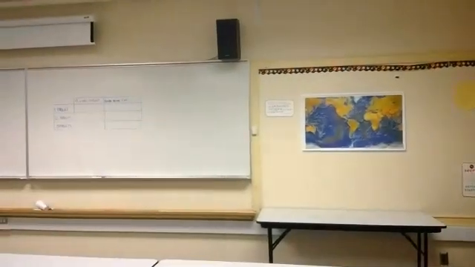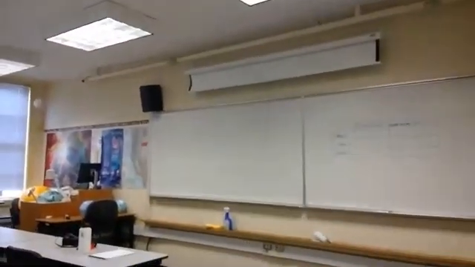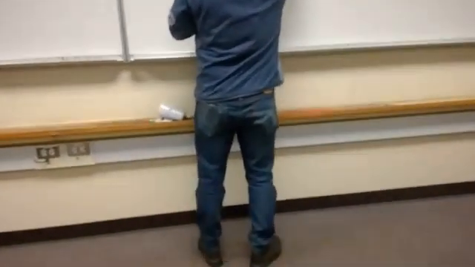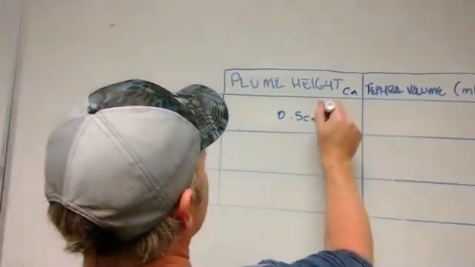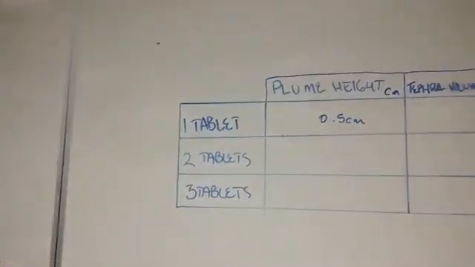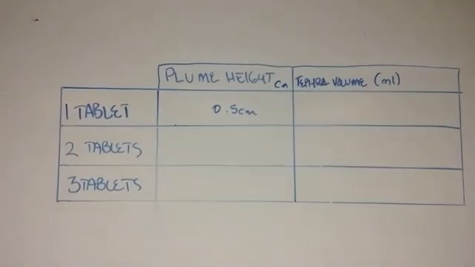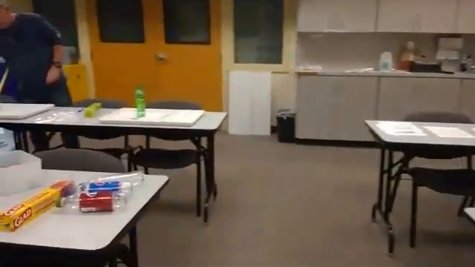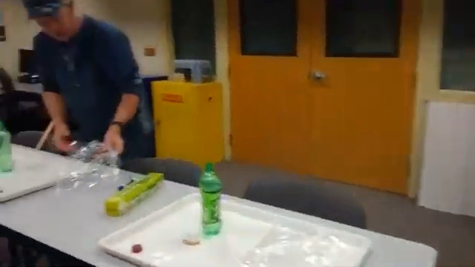So I'm going to go up here, and we're going to record this. This is in centimeters. We said 0.5 centimeters. Okay, and we'll record all that at once as far as the total volume goes.